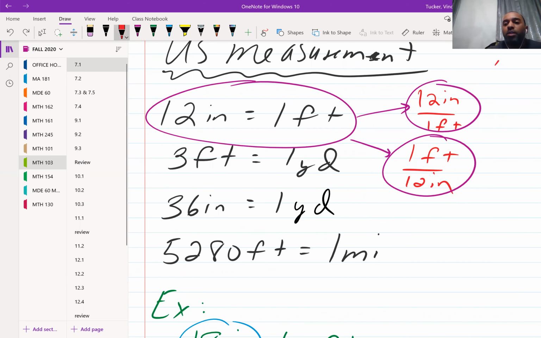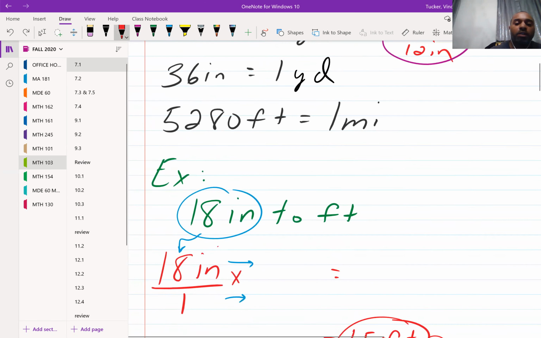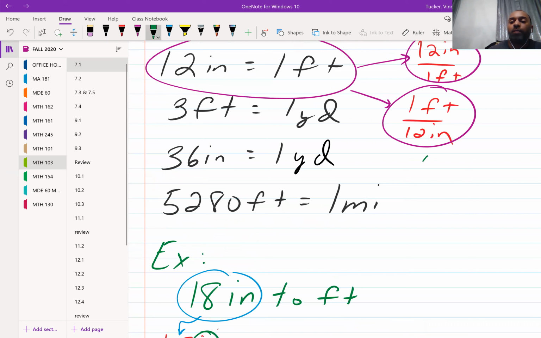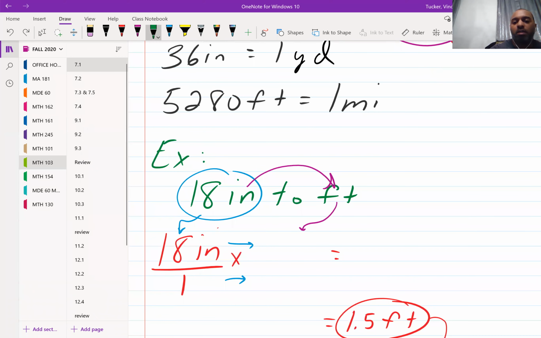Either I can use inches over feet or feet over inches. What will dictate which one I use is the fact that I have inches that I'm starting off with. So if you have inches in the top, you need inches down bottom. So the one I'm going to use is this one right here. And it leans back on the idea of canceling out or reducing fractions. If you have a 2 in the top and cancel out with a 2 in the bottom, it's the same thought process.